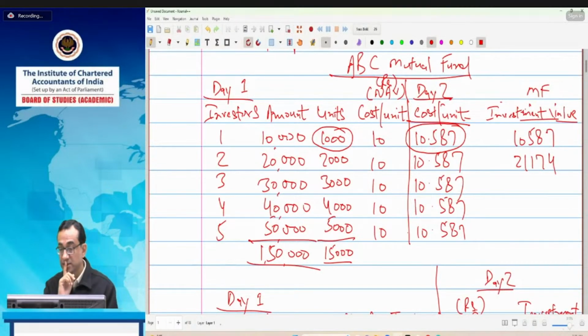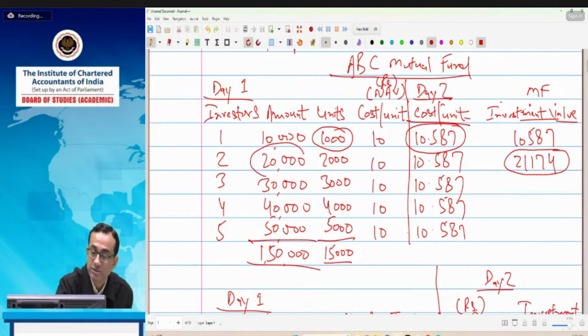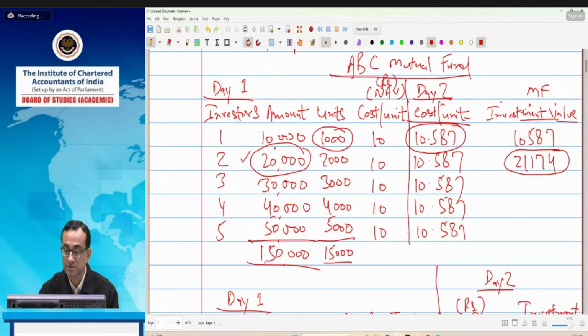So if the second investor wants to sell the units on day two, he can sell them at 21,174, because on day one his value was 20,000. On the second day his value is increased from 20,000 to 21,174.